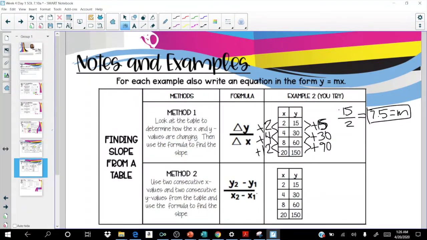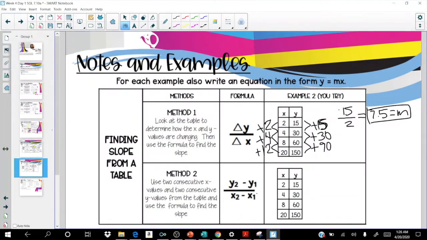So the slope doesn't change, even though the y values and the x values are not increasing by the same value. The constant between the two, which represents the slope, will not change because this is a proportional relationship.